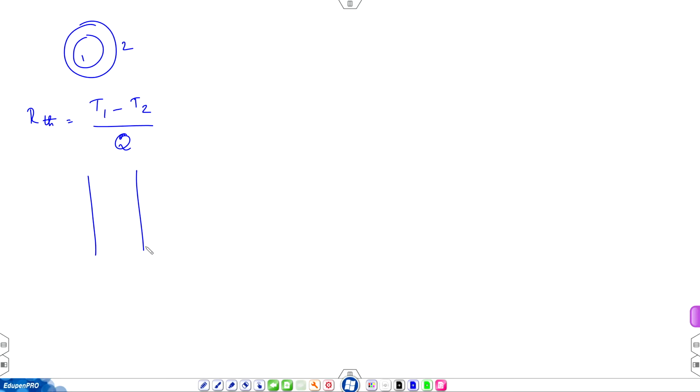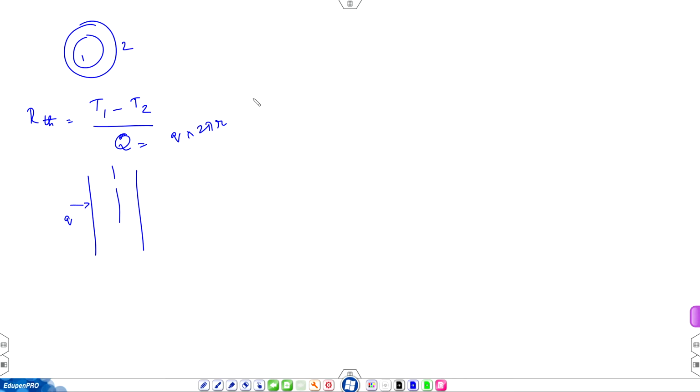If you have a slab, this q per unit area is the same crossing any plane, but for the annular geometry the area keeps changing with r. So, this q is often written as q into 2 pi r. 2 pi r is the circumference per unit length that we are talking about. Unit length normal to the plane of the blackboard will be unit area times q, that is total Q.